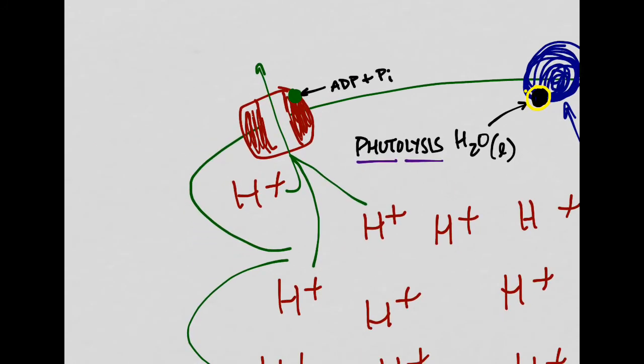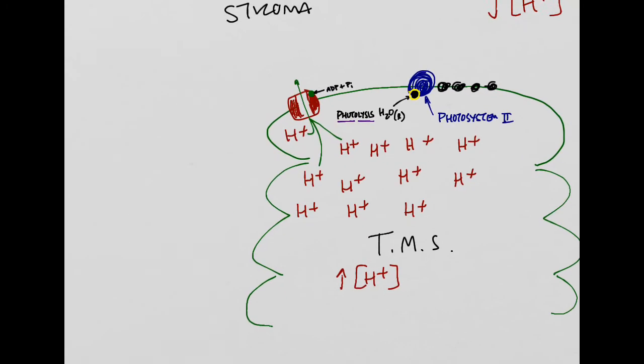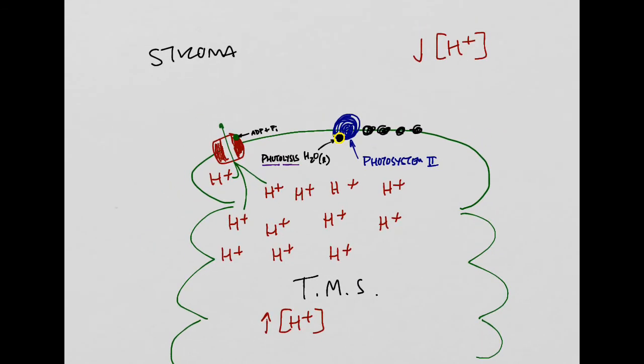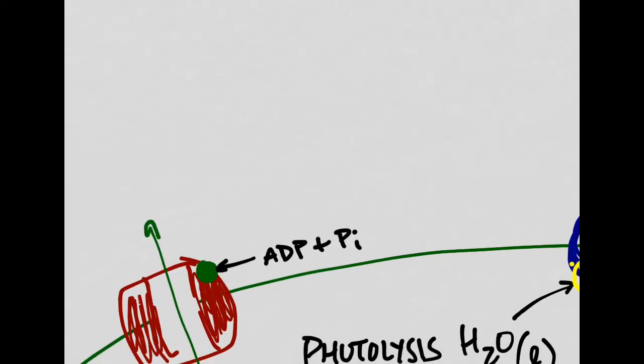Most of these protons are going to find themselves scooting right through one of the many ATP synthases which are covering this thylakoid membrane system, or the stroma grana. And as they cruise through there, their flow actually creates enough energy to bind together the ADP and the P sub I, and as a result, create ATP.